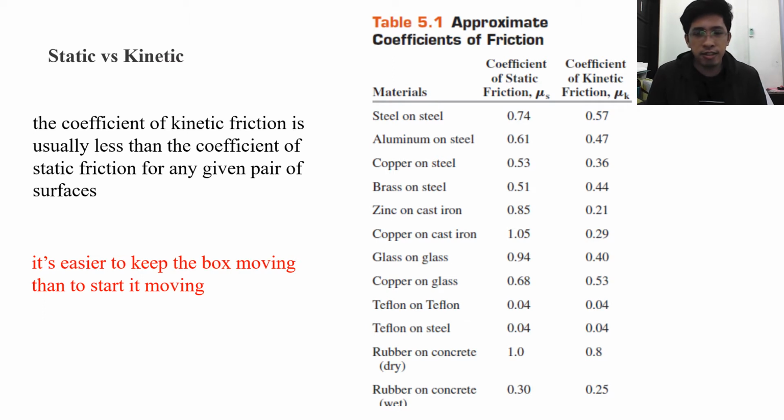Making the cabinet start to move is actually harder than when the cabinet is already moving and you're just making it continually move. There is this static friction that you need to overcome, and once your static friction has been overcome, your kinetic friction now acts between your two surfaces.